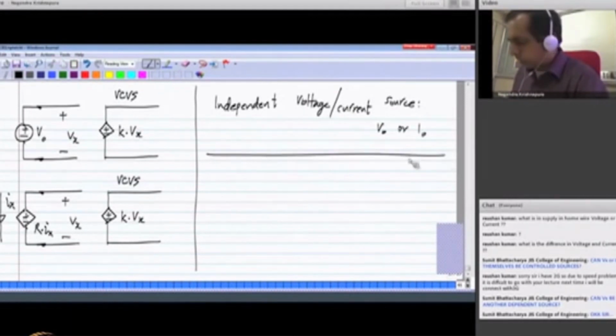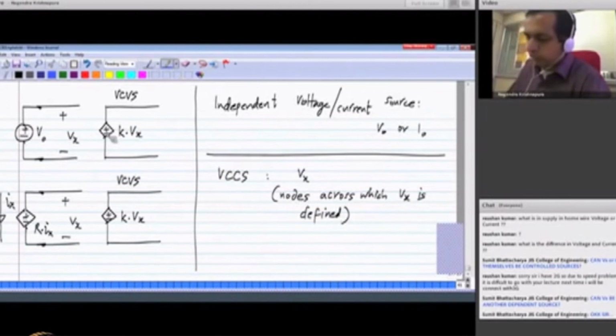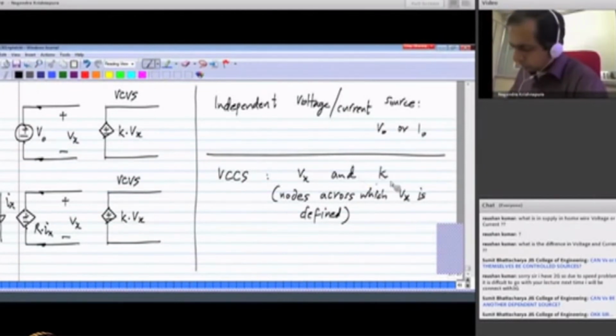Now, if you have a dependent source, let's say voltage controlled current source, you have to specify Vx, that is the nodes across which Vx is defined, and again Vx, the voltage has a polarity, so you have to say which is the plus and which is minus of Vx, and the value of K. Okay, that's a given. Just like you give the value of a resistor or an independent voltage source, you have to give the value of K.